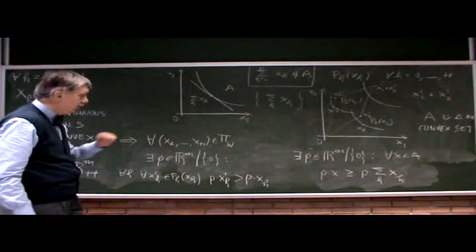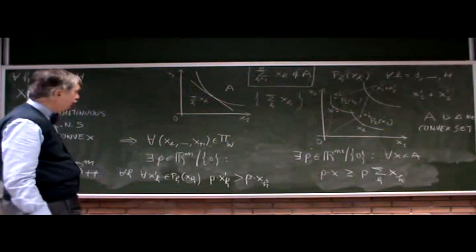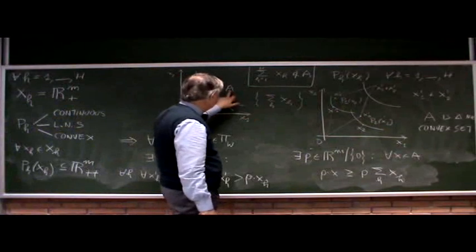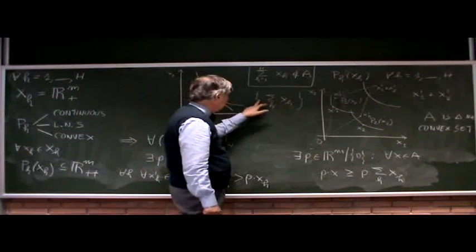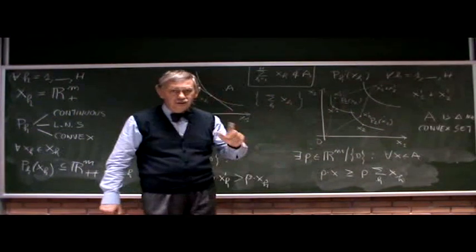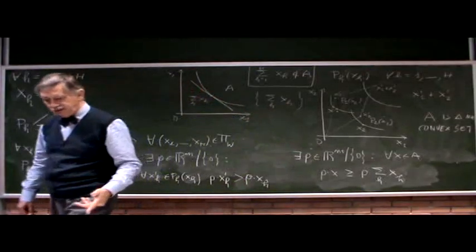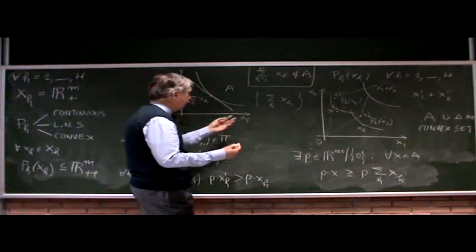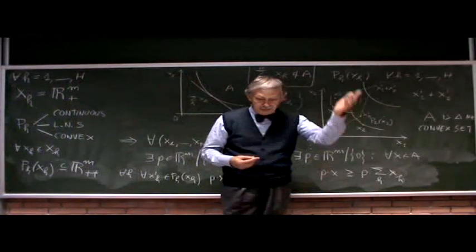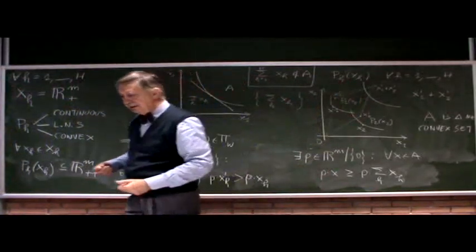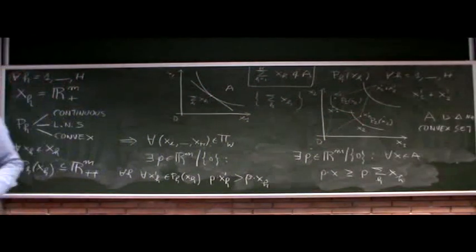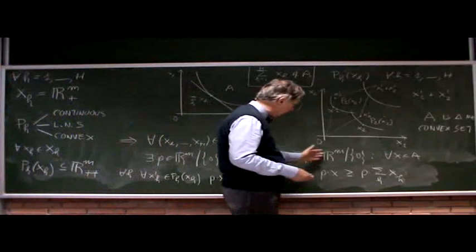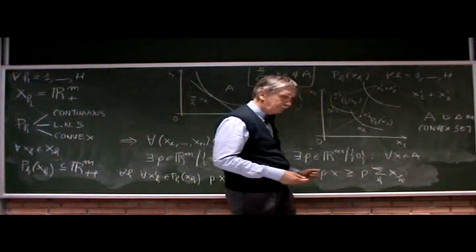You obtain this result: separation between these two convex sets, A and this set which contains only the sum of xh. Since these are two convex sets which are disjoint, there exists a separating hyperplane between them, a separating hyperplane which verifies this condition.